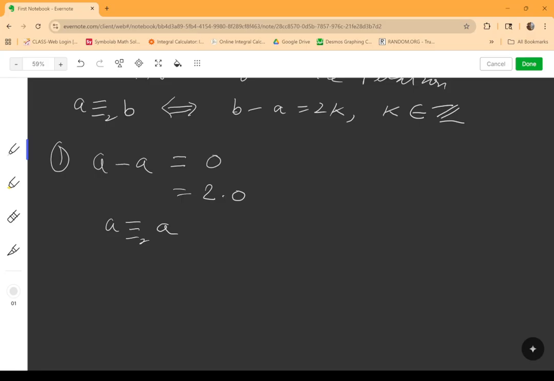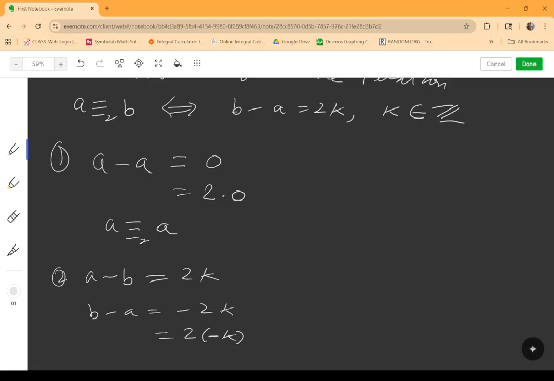Is it symmetric? Let's assume A minus B is 2k. Then B minus A would be equal to negative 2k, but I can just write that as 2 times negative k.